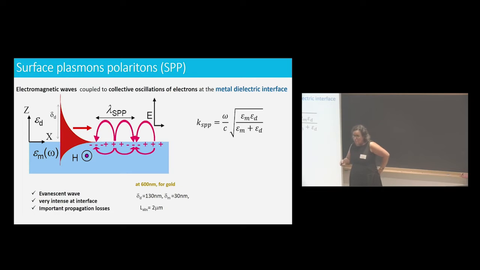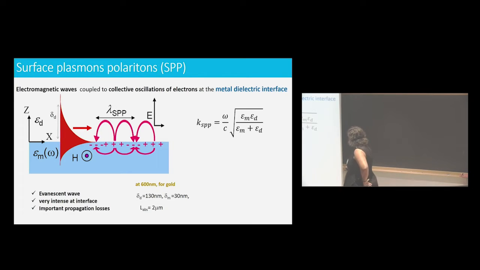When you calculate this wave, you can express the link between the k vector and the frequency. So you have the dispersion of the wave, and the dispersion is expressed like this. Here epsilon d is the permittivity of the dielectric, and epsilon m of the metal.